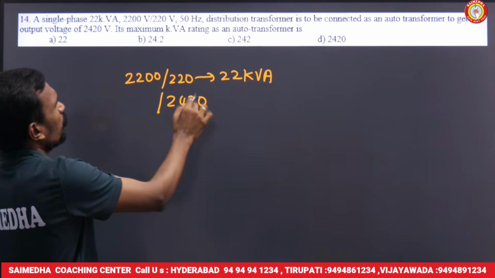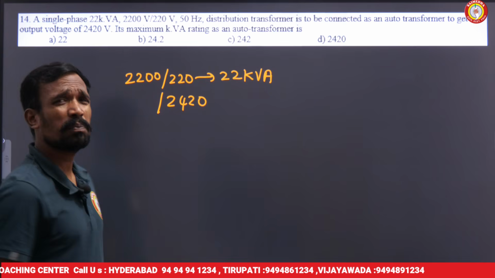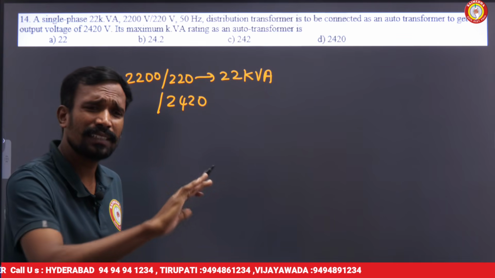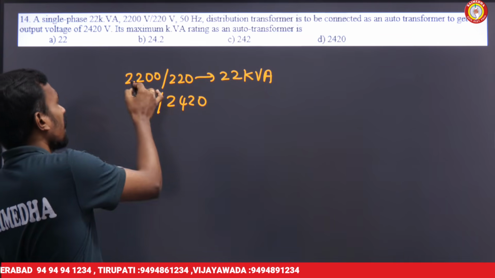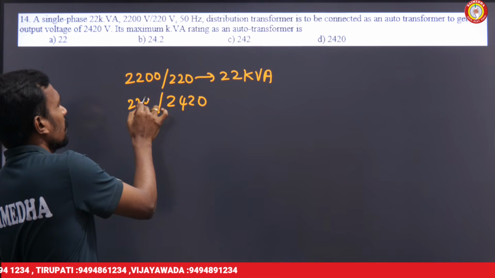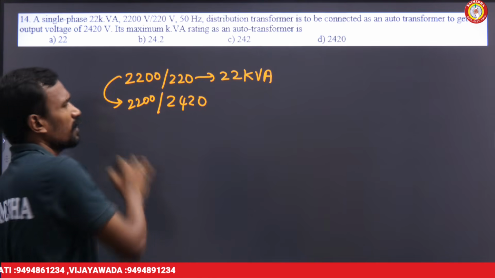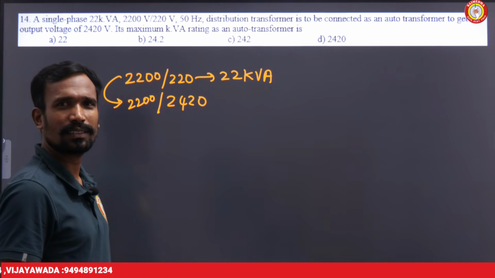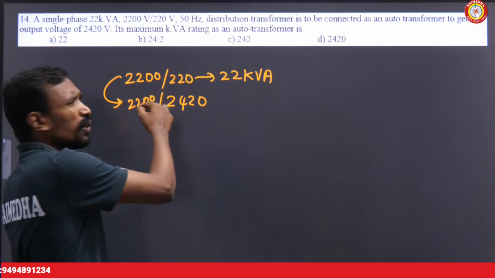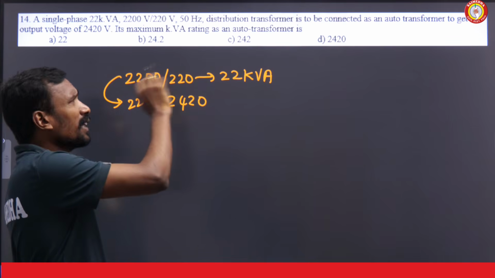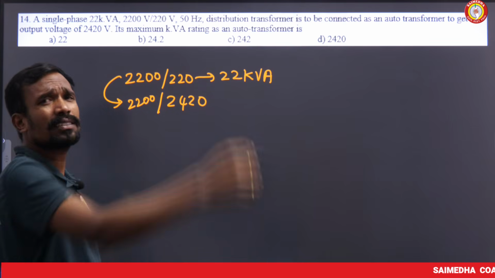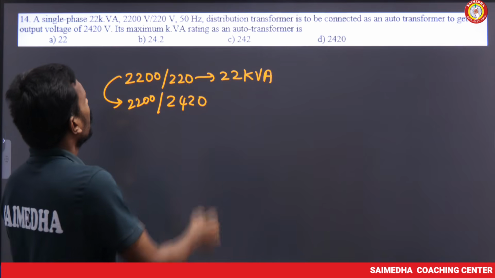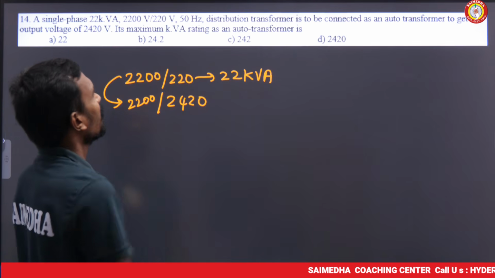What about the input, sir? If they have not discussed the input, we need to consider the same input. If they mention 220, take 220. If they do not mention it, you should take the same. Then its maximum kVA rating.